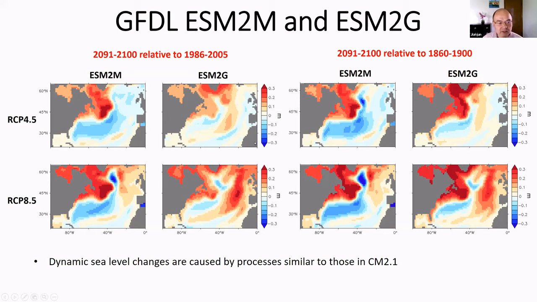You can see the dynamic sea level change pattern is similar between the two models, although the ocean model is very different between 2M and 2G. The pattern is also similar to the previous CM2.1 result, and we know the mechanism is also similar. So this is the CMIP5 model simulation.